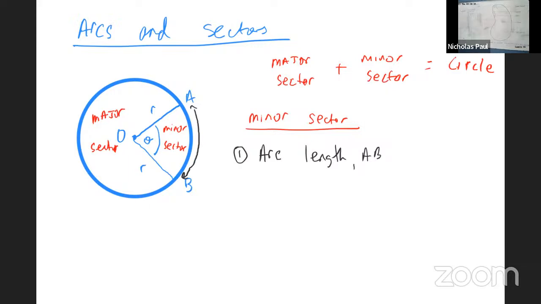What is the entire distance around the circle called? Yes, the circumference. Very good, Jamil. So it's a fraction of the entire circumference. So the minor arc is equal to a fraction of the entire circumference.